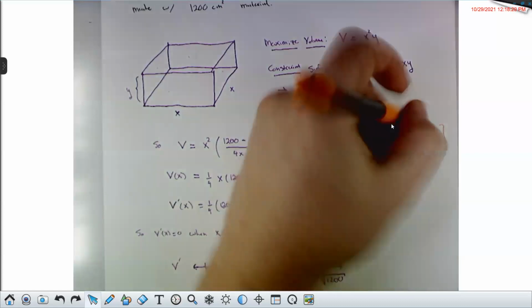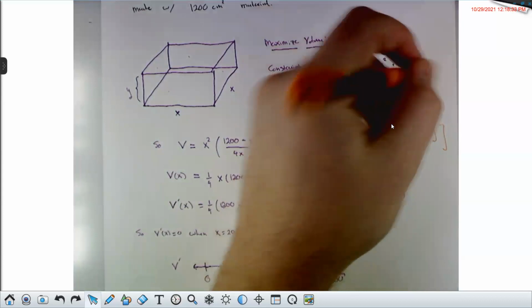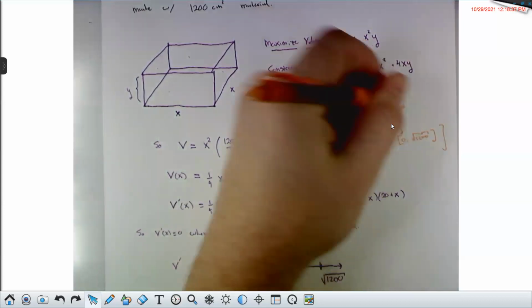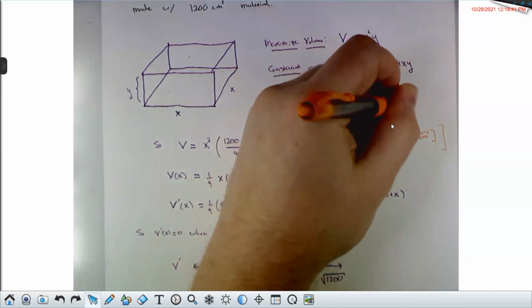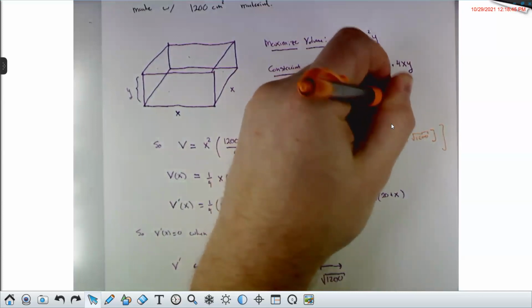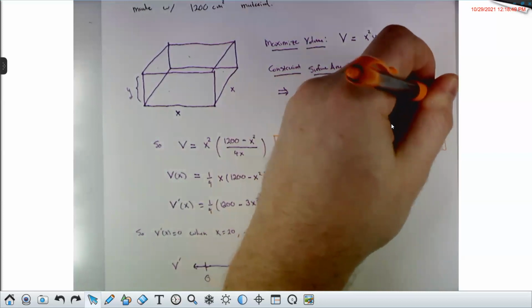So this is like y equals 0, no height. I'm sorry, no, this is all height. And this is like all base.